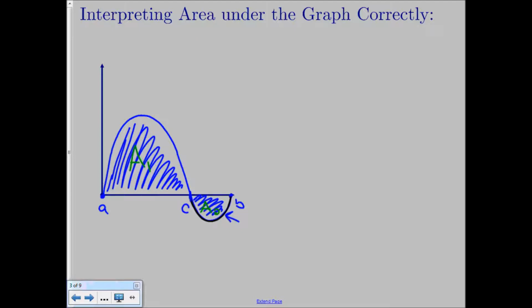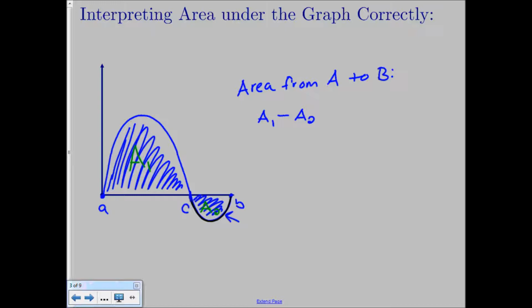So the total amount of area from A to B is really going to be A1 minus A2. And that's simply because A2 is negative. So to counteract the negative sign on that and get the total amount of area, we need to subtract it out.